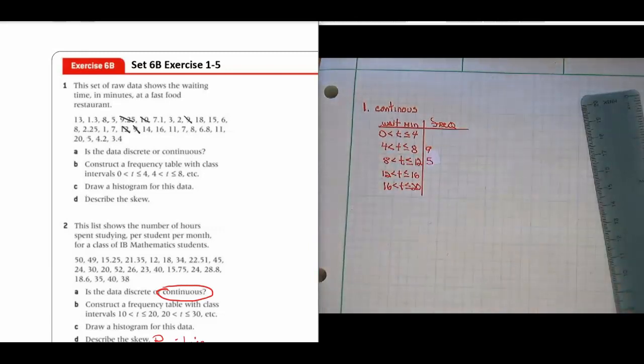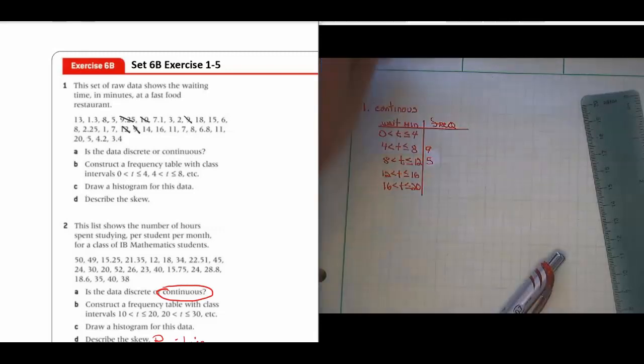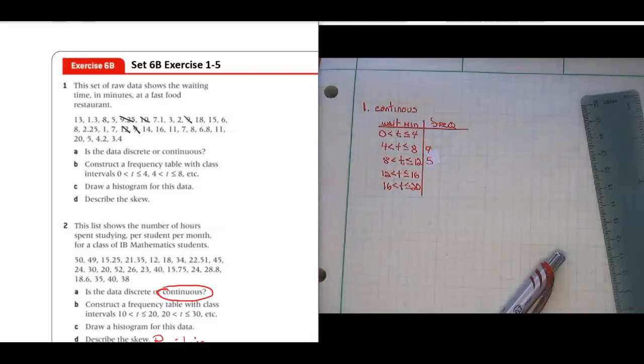Okay, go ahead and do 12 to 16. Victoria, I'll do 16 to 20. So you count 16s, I don't. So I'm going to have anything bigger than 16.